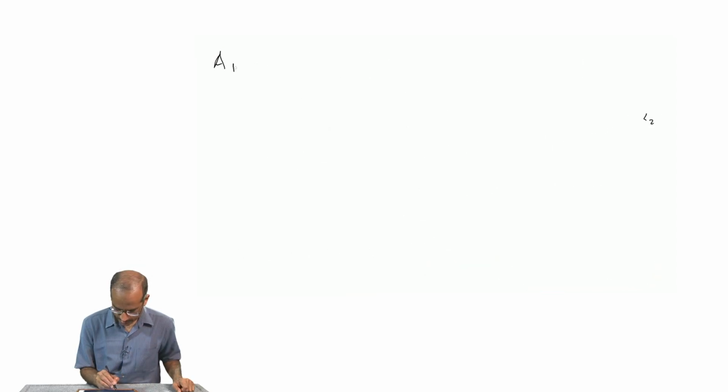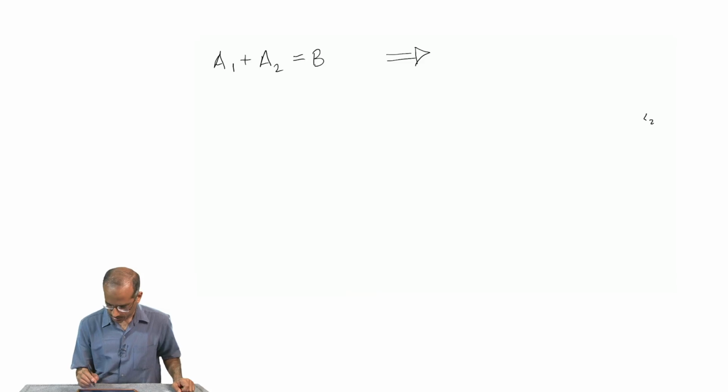So, I had A1 plus A2 equal to B. This can be written as 1 plus A2 by A1, which is equal to B by A1.